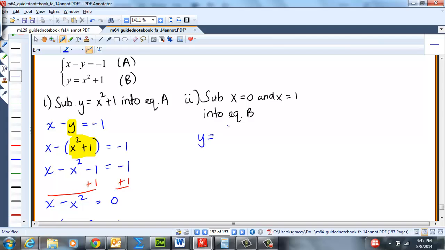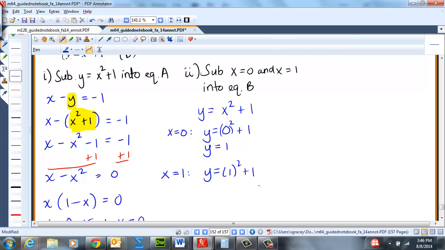So y equals x squared plus 1. For x equals 0, we'll have y equals 0 squared plus 1, y equals 1. For x equals 1, we will have y equals 1 squared plus 1. So y will equal, good, 2.